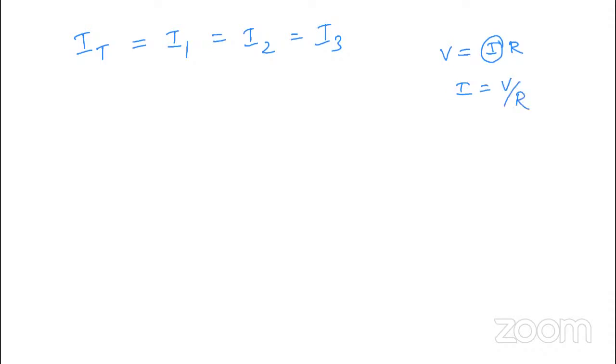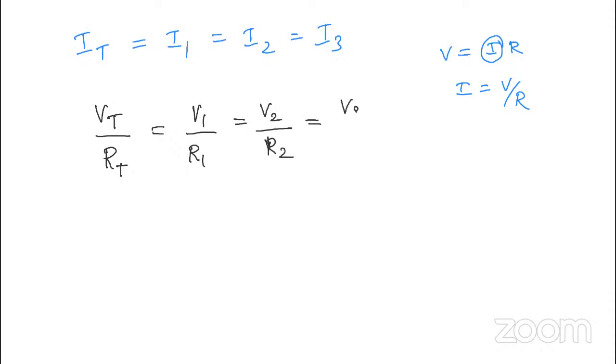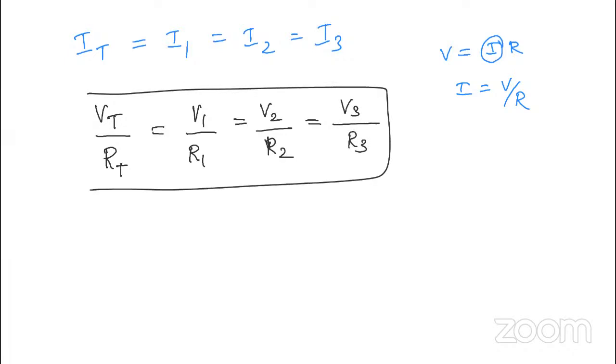So இதுல இருந்து we can write it one more expression, that is VT divided by RT is equal to V1 divided by R1, which should be is equal to V2 divided by R2. That should be is equal to V3 divided by R3. Okay. So this is one more equation, important equation.